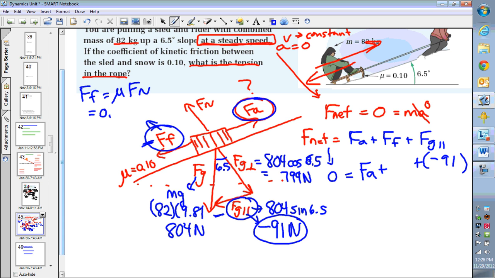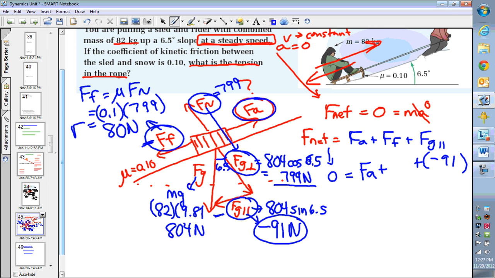Mu is 0.1, and Fn is the same as FG perpendicular. So this 799 down is 799 up. So 799 newtons times 0.1 is 79.9, so we'll round that to 80 newtons. Thinking of my direction, it's down the plane, so that's a negative 80 newtons.